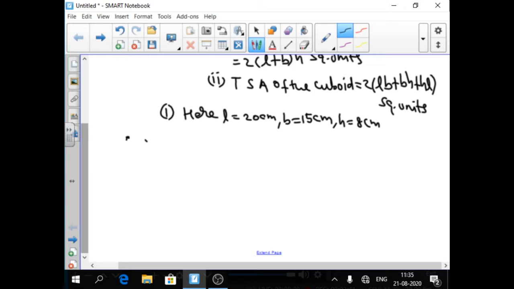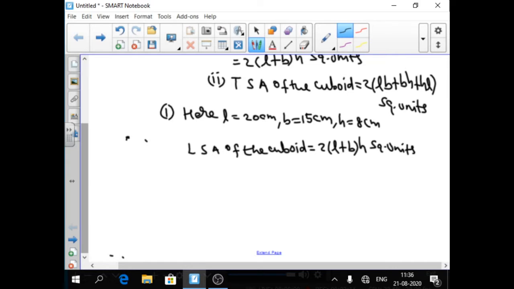So lateral surface area of the cuboid, what is the formula? Lateral surface area of the cuboid is equal to 2 times of (length plus breadth) into height squared units.